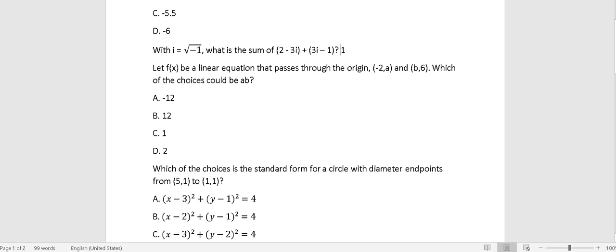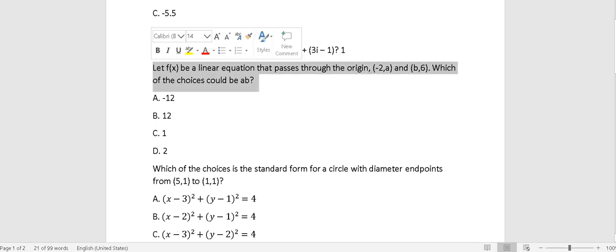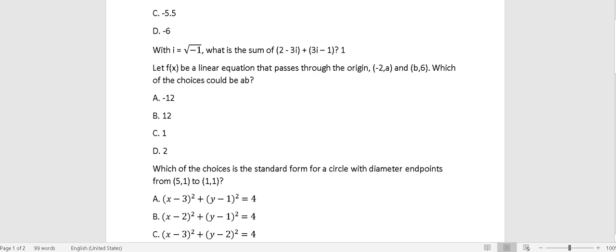Now there are two ways to do this. One, you can write a linear equation that passes through the origin, right? And substitute a and b into that equation, and you will get the correct answer.